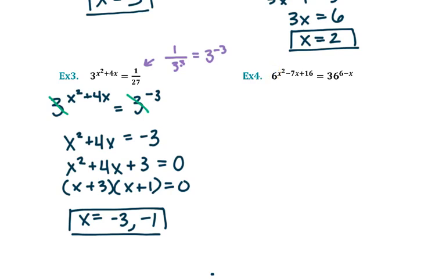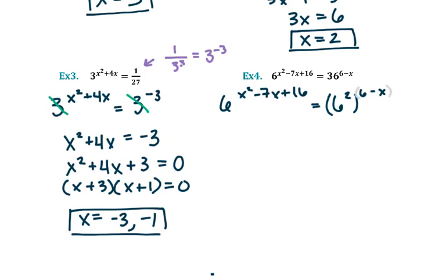So I'm going to rewrite my equation. I have 6 to the x squared minus 7x plus 16 equals 6 squared to the 6 minus x. So now this is where we want to make sure we're really careful when we simplify.